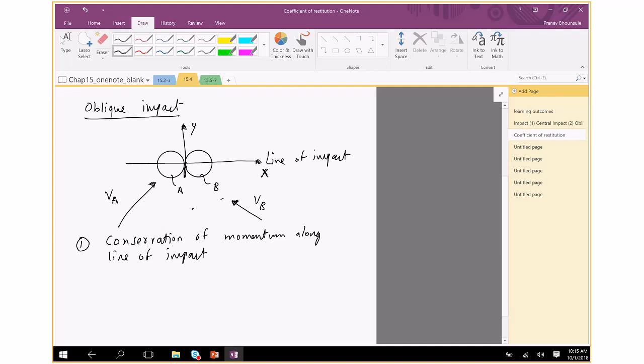That's our line of impact. So mass A times velocity of A in the x direction before impact plus mass B, velocity of B along the x direction before impact equals MA VAX after impact plus MB VBX after impact.